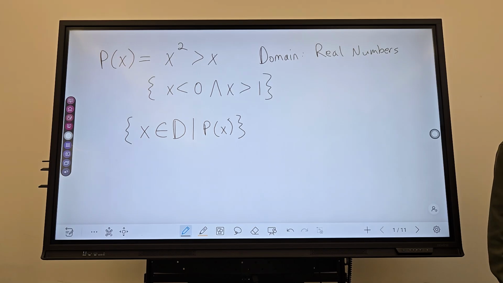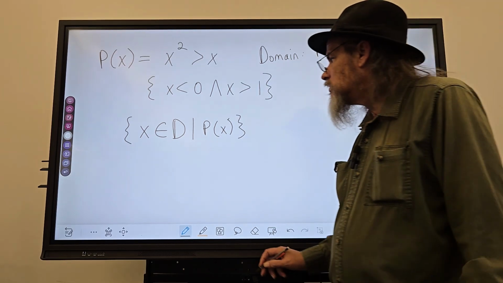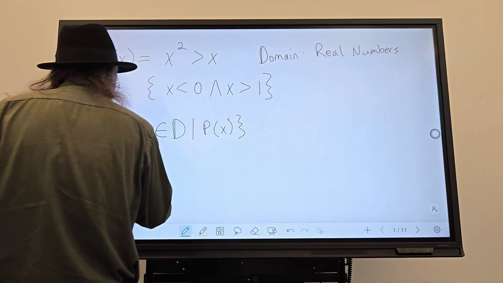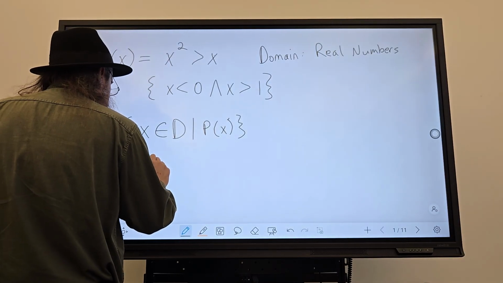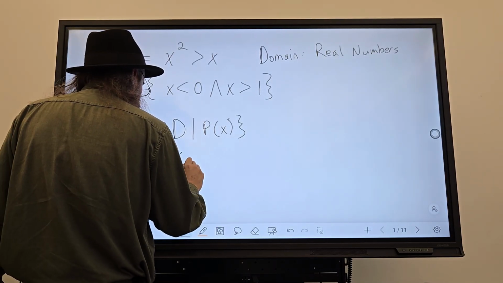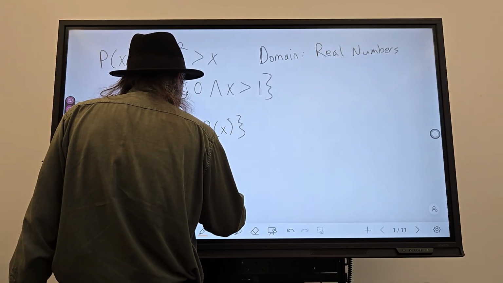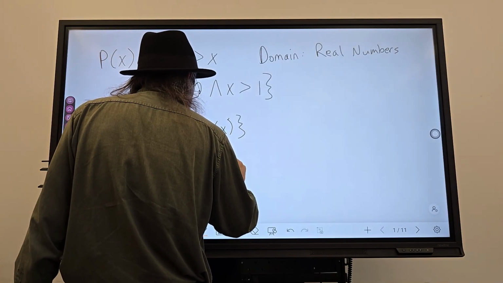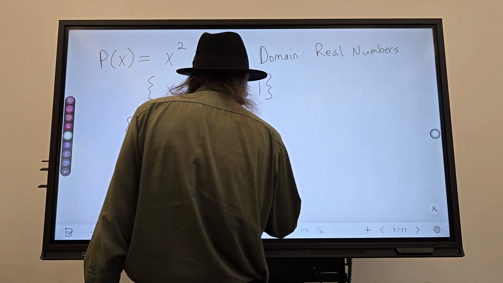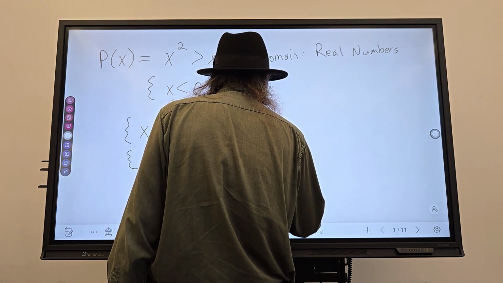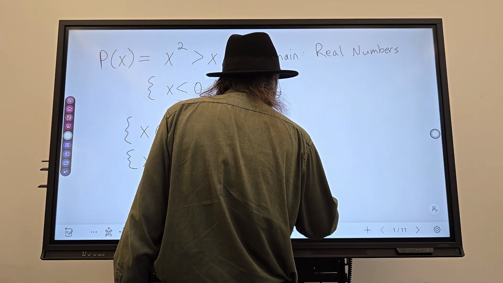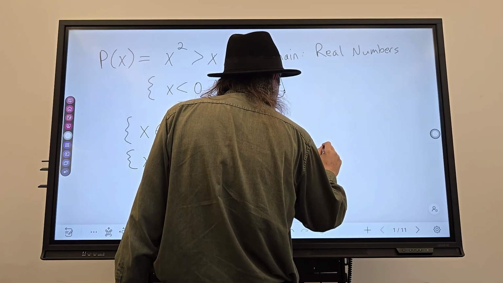So it would be x is an element of Z such that x is a factor of 8.